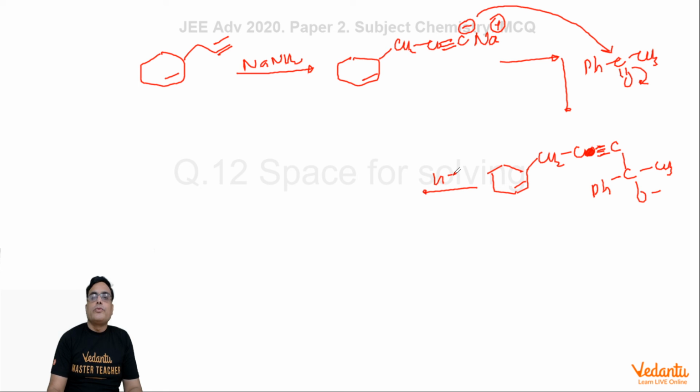If you give H plus, then that O minus will become OH, that means an alcohol. This tertiary alcohol, on heating in presence of H plus, will give an E1 reaction and an alkene.